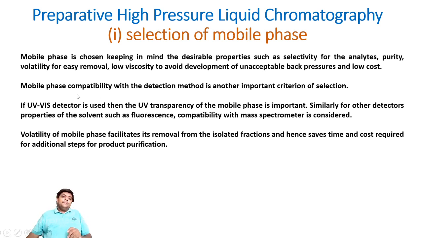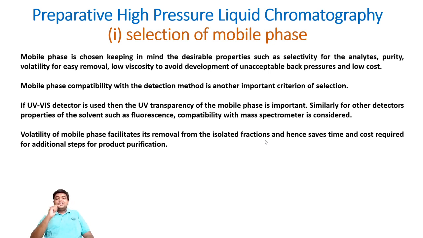So simply you can remove them either by boiling, and if they are very low, then at an elevated temperature you can get the volatility of that mobile phase and its removal from the isolated fraction, and hence you get a pure product. But over here, as written, if the mobile phase is volatile, you do not even need to elevate the temperature or heat the system, it evaporates and you always get a pure product.